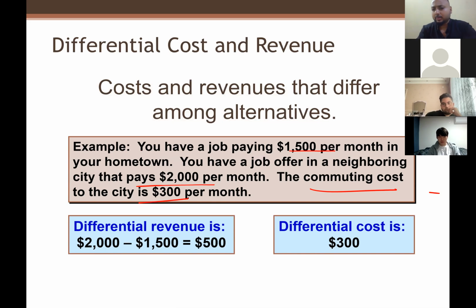So you are going to decide based on 500. What is the additional cost of 500? Commuting cost 300. So did you save something? Yes, 200. That can be a good choice, right? So what is the differential revenue? 500. Differential cost 300. If the answer is positive, you should choose that alternative.